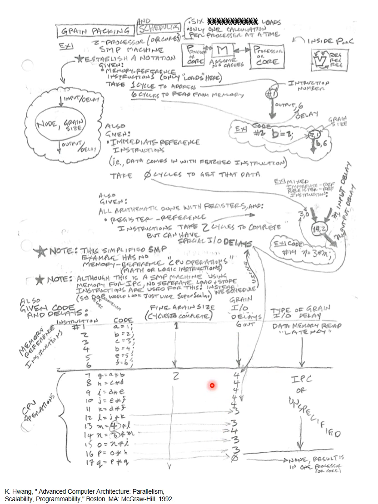And now these are given to us here, and these are I/O delays. Just taking those, assuming those are accurate for each of these computations here, depending on what's going on. And then we have the type of grain, or the type of I/O delay, data memory read latency, it says here, and here it says IPC or unspecified.